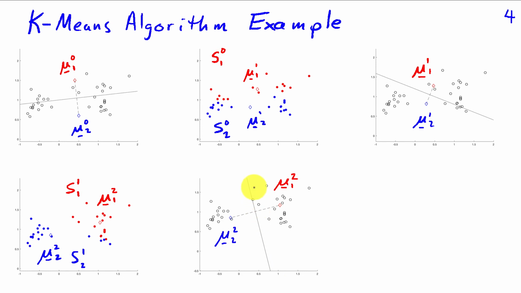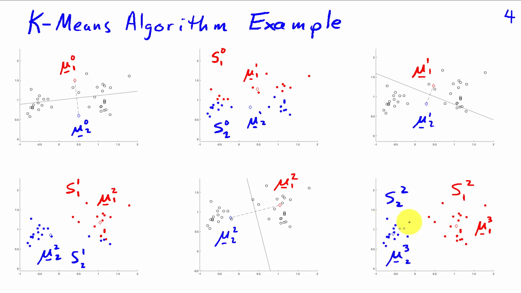Again, using the perpendicular bisector of the line segment connecting the 2 centroids, we now identify that the points to the left of the black line are associated with cluster 2, and the points to the right are associated with cluster 1. We have cluster 2 shown in the blue data points and cluster 1 shown in the red data points, and then we recompute the center of mass of each of those clusters to find the new centroid. In this case, if we took these new centroids and partitioned the data, none of the data points would be moved to a different cluster, and hence the centroids wouldn't change. At this point, we've converged with this particular example.